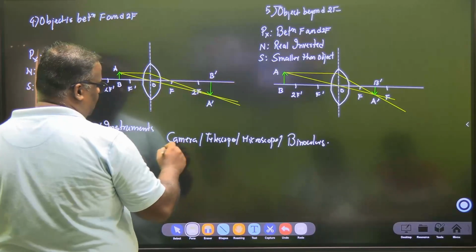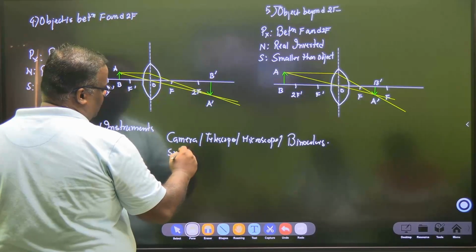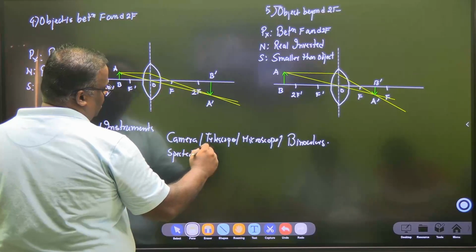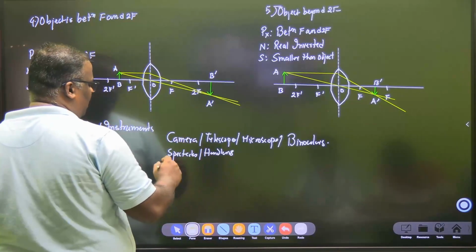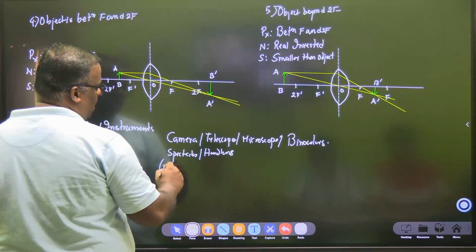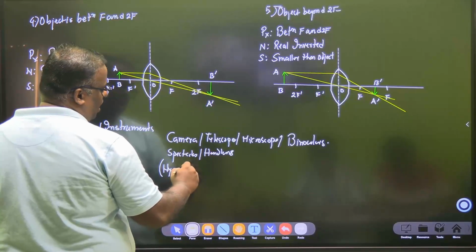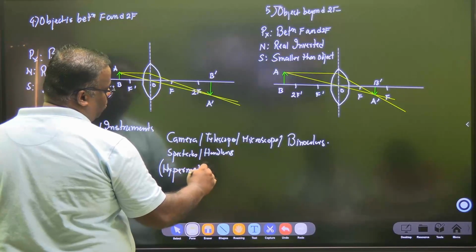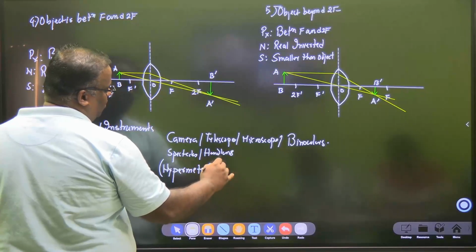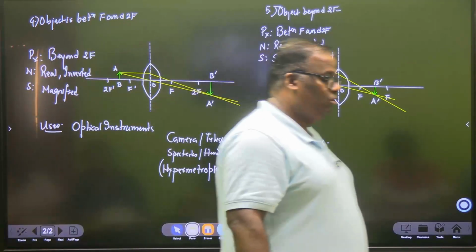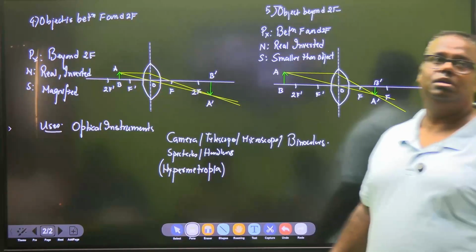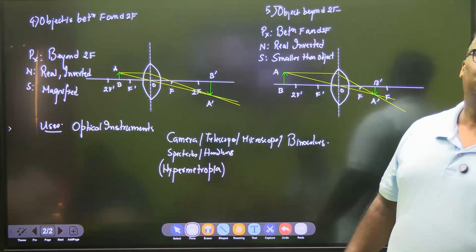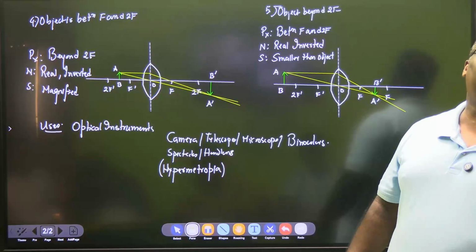Then they can be used for spectacles, hand lens, and spectacle, since you are grade 10, you write to correct hypermetropia. What is all this? We will study when we study human eye and the beautiful world. Hypermetropia.